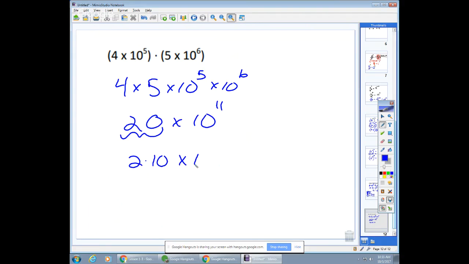The 10 to the 11th is hanging out, waiting to do something. How would I rewrite 10 times 10 to the 11th? 10 to the 12th, yeah, because that's really 10 to the first power. Same base means the powers add, the exponents add.